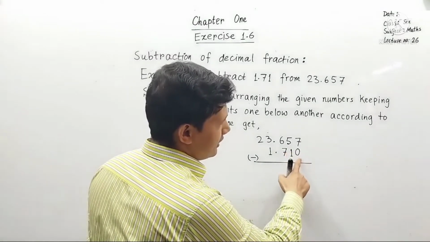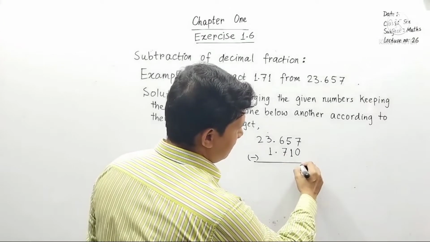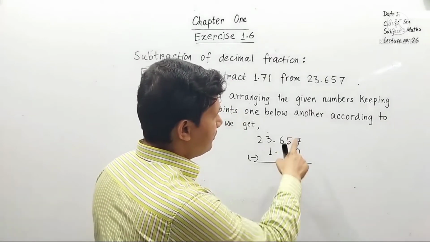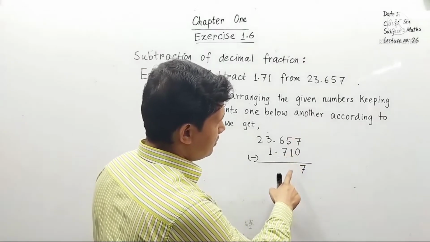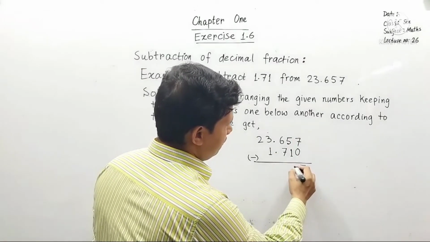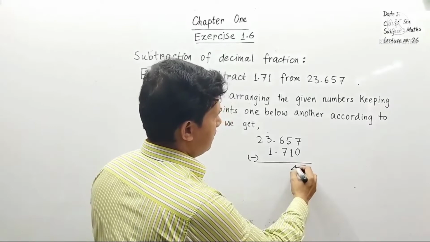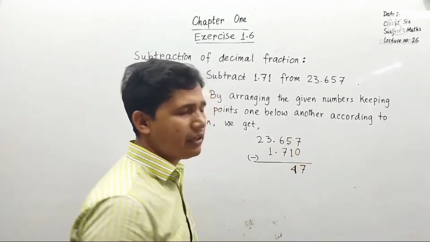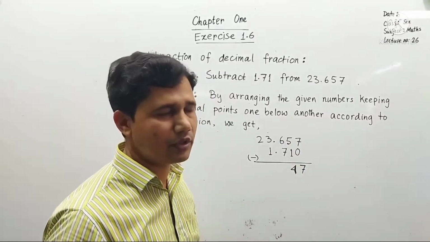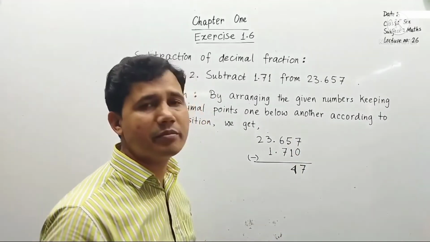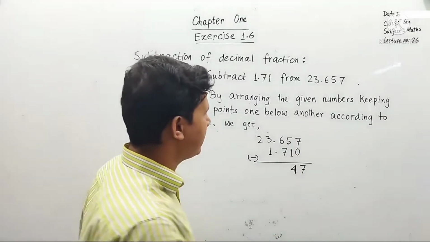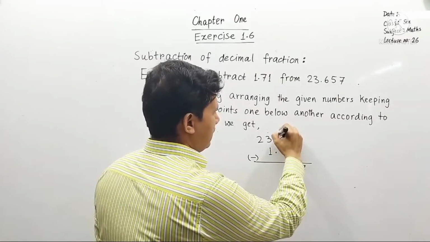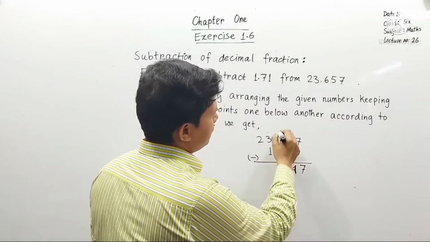7 minus 0, that means 7. Here 5 minus 1, 4. 6 minus 7, it's not possible because 7 is bigger than 6. So you have to take 1 from the left side.